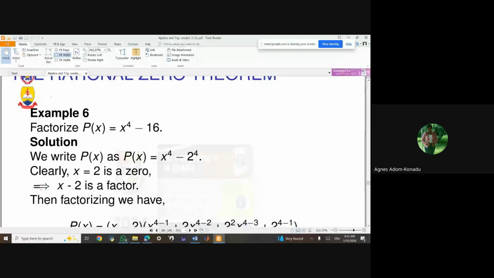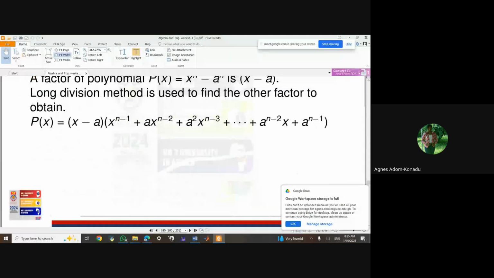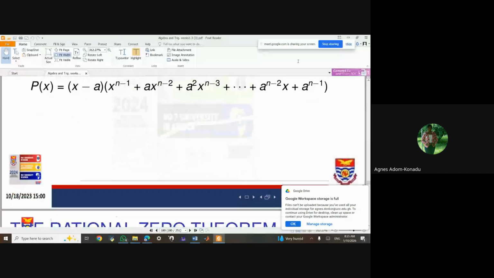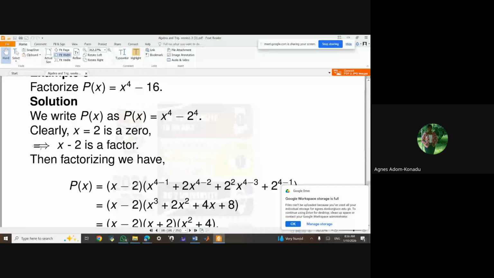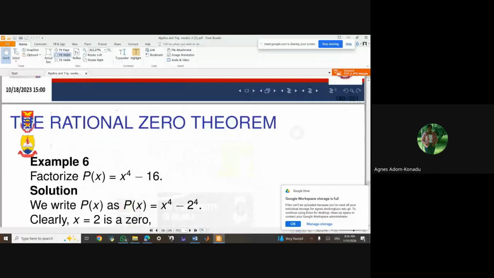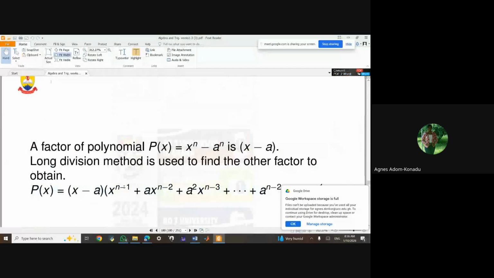Then I can write it as x minus 2 into brackets x to the power 4 minus 1 plus 2, and so on.